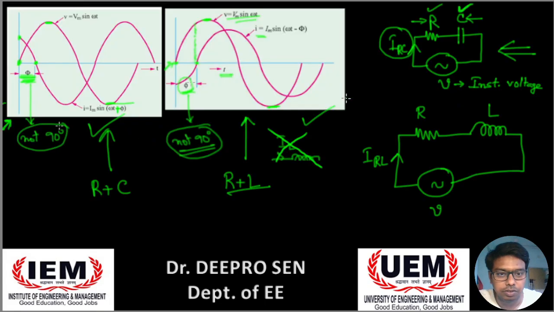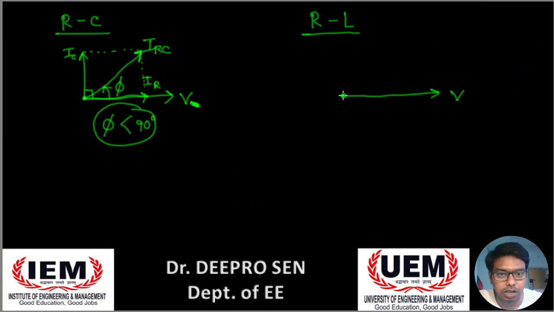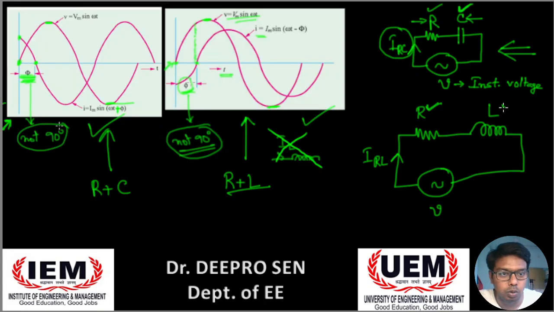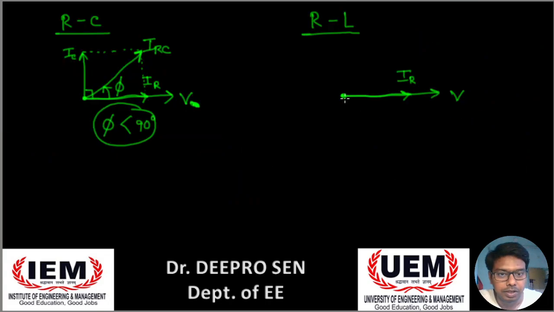Similarly, if the circuit had only the R, then the current for the R would have been somewhere here. If the circuit had only L, the current due to L would have been 90-degree lagging for a pure inductor or pure L. Can you see?